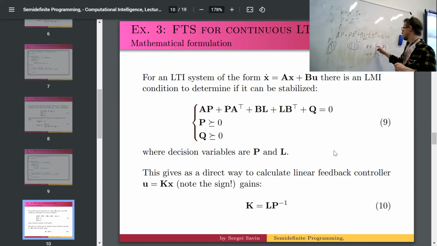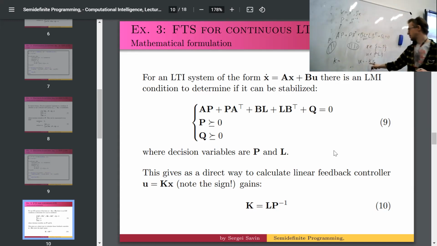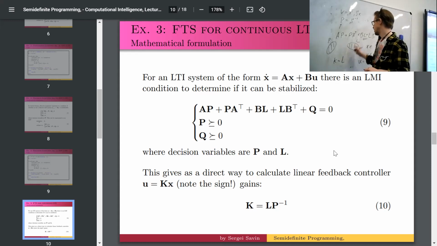We have X somewhere in this ellipsoid, U somewhere in this ellipsoid. You know that normally U is equal to minus Kx, right? So you can say that maybe K can be found by dividing U by X. So in this case, by dividing this ellipsoid by this one.